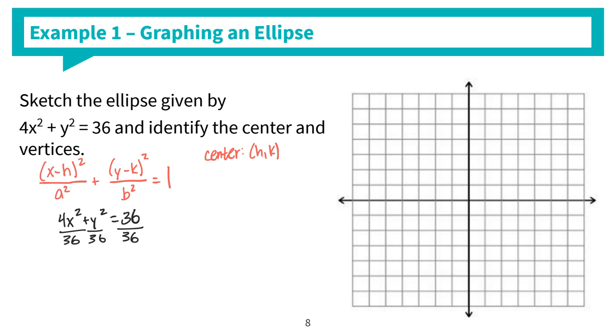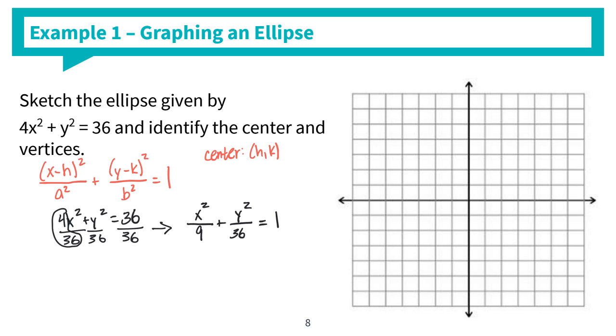So when I simplify all of that, right here, 4 over 36 reduces to 1 over 9. So I'm going to write x squared over 9, because I don't need to write 1 in front of it. And then I have y squared over 36, no fraction to reduce there. And then 36 divided by 36 is 1.